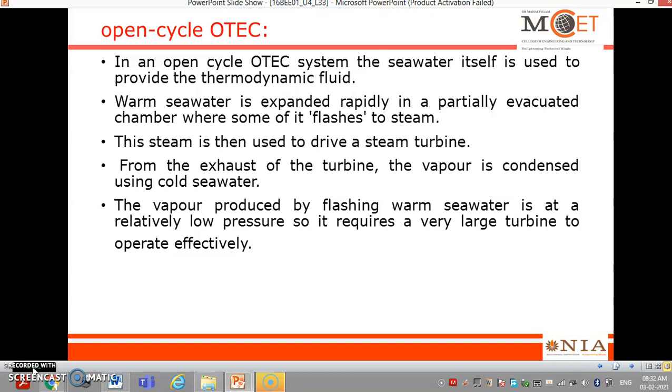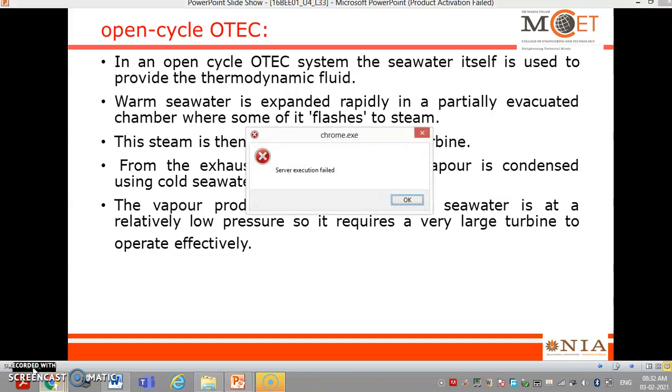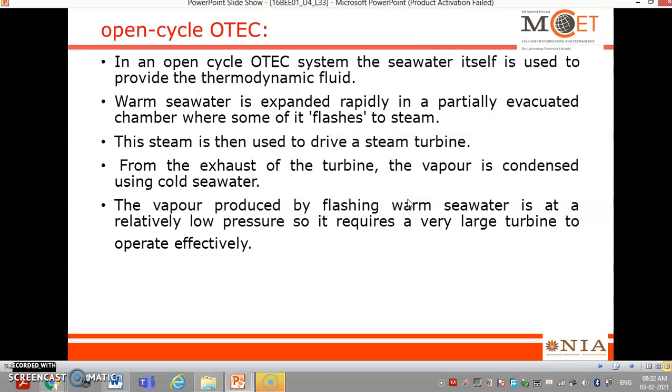In open cycle ocean thermal energy conversion system, the seawater itself is used to provide the thermodynamic fluid. Warm seawater is expanded rapidly in a partially evacuated chamber where some of it flashes to steam.